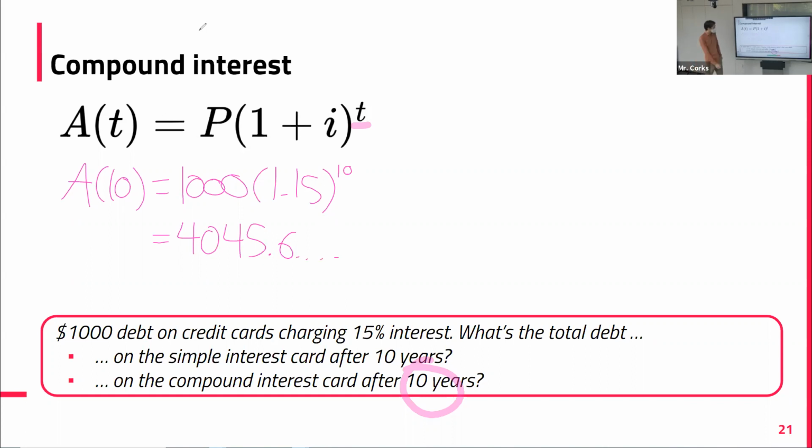Okay, so there is the value of this after 10 years. So compare again the simple interest to the compound interest here. On simple interest after 10 years, the value went up from 1,000 to 2,500. On compound interest, it's gone up to 4,045. So big difference again between the two.